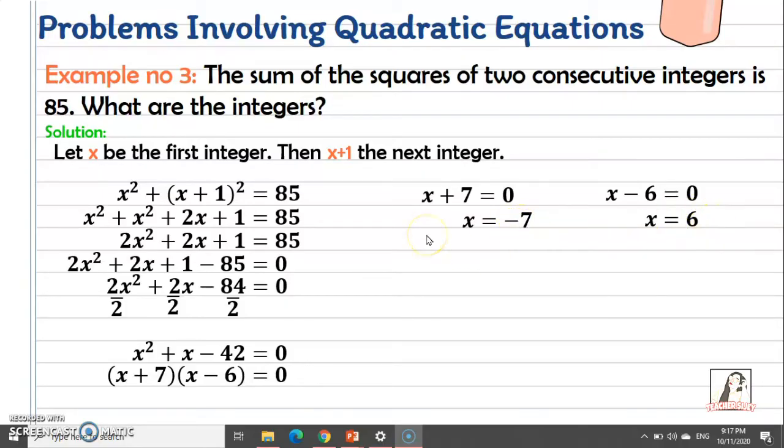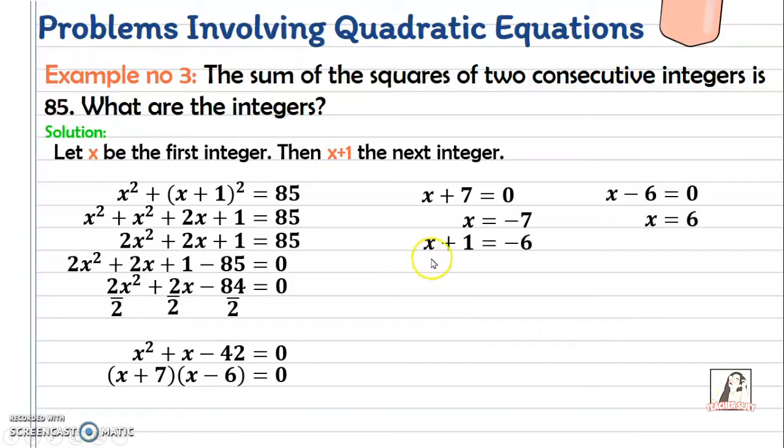So, para mahanap natin yung next integer, kailangan natin i-substitute yung nakuha natin first integer dito sa ating x plus 1. So, we have x plus 1 equals negative 6 because negative 7 plus 1 equals negative 6.